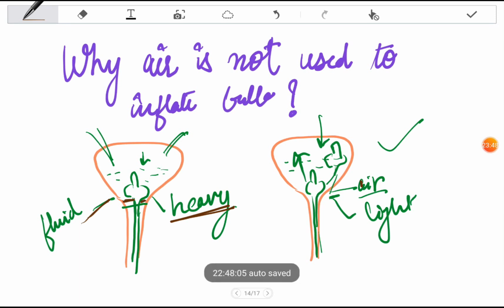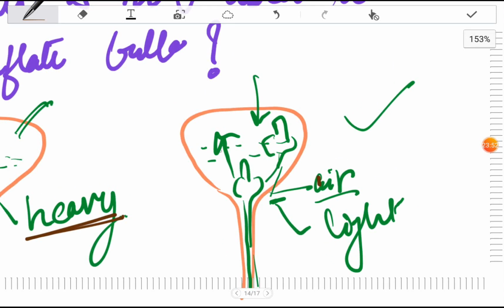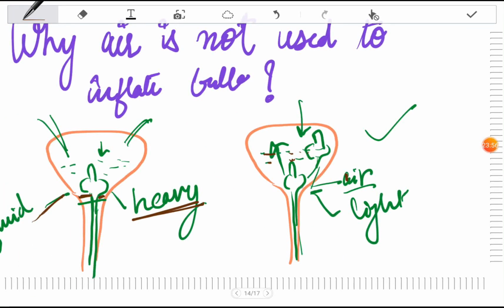But in the air one, once the bladder is filled with urine, the air one, being lighter than the fluid or the urine, floats and comes above the urine.